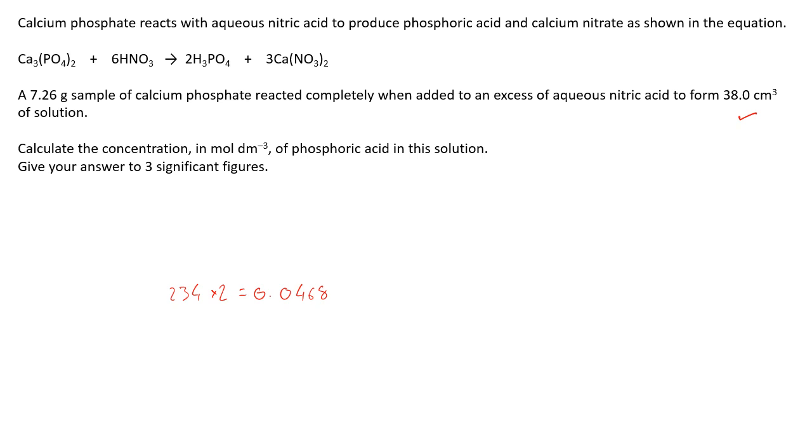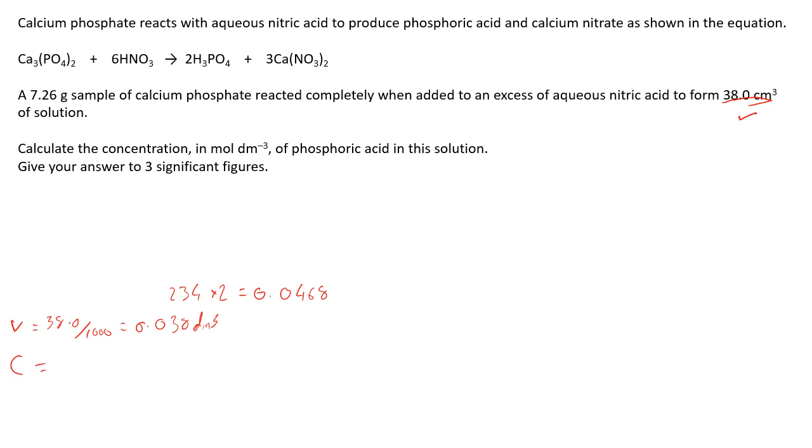So now we also know the moles of phosphoric acid, so we can work out the concentration. And we know the volume because it is that 38.0 centimeters cubed, but we don't want it to be in centimeters cubed. We need it to be in decimeters cubed, so divide it by 1,000. And that will give you 0.038 decimeters cubed.